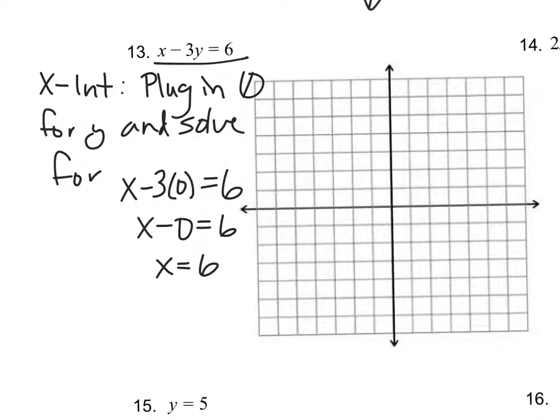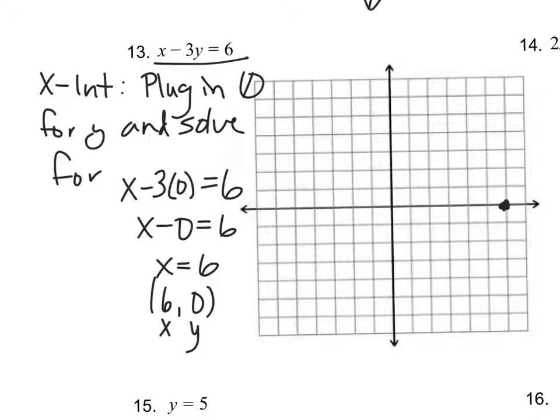So my x-intercept is at 6, 0. My x value is 6, my y value is 0. So that lets me draw this point on the graph. There's my x-intercept. And remember, I just need 2 points to graph a line. So when I do this for the y-intercept, I'm done. I can just draw a line between the x-intercept and the y-intercept, and I got the line. So I'm going to do that.